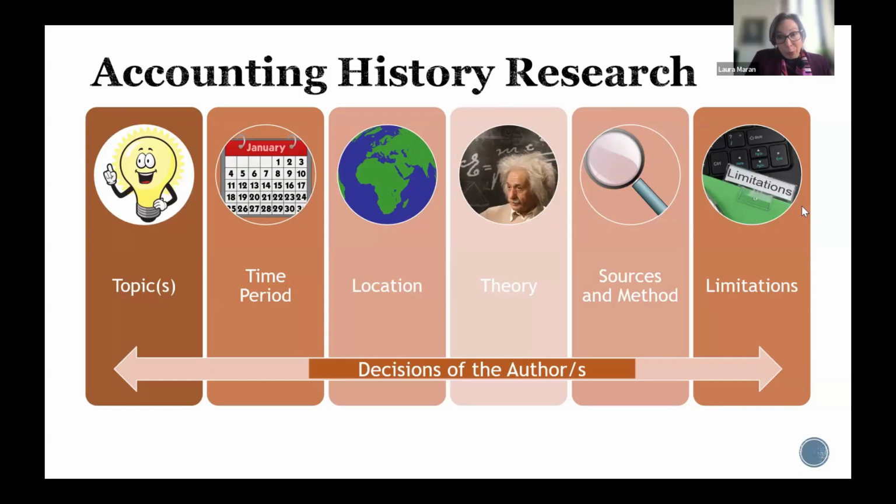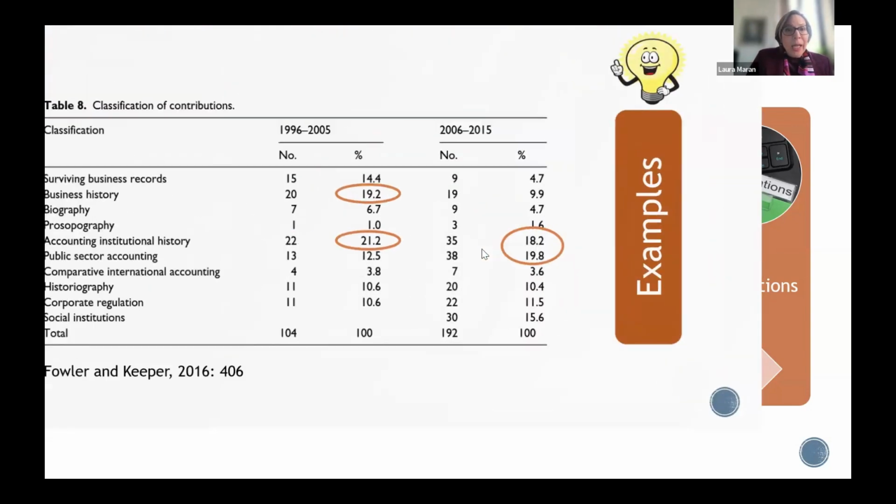We need to choose the topic, the time period, the location, to identify, if necessary, a suitable theory, and then to follow up with the method and the appropriate sources, being aware of the limitations that a study in accounting history may bring with it.